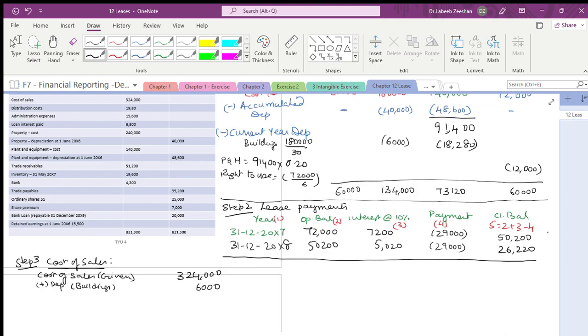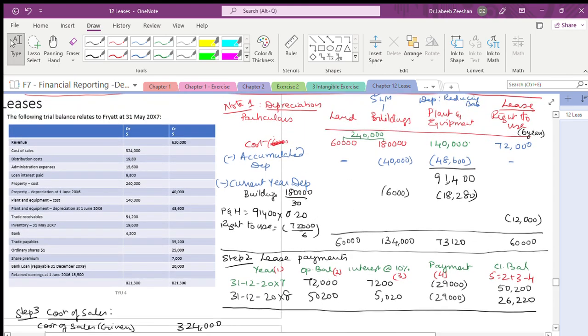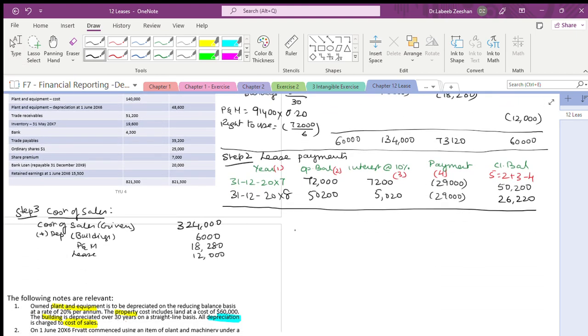Depreciation on plant and machinery: 18,280. Depreciation on lease: how much have you calculated? It is 12,000. Fine. This is with respect to note 1.